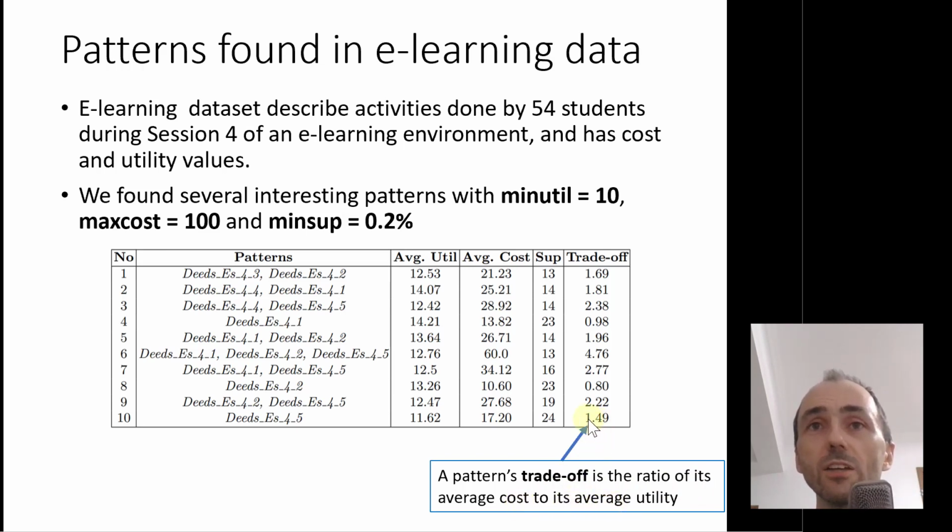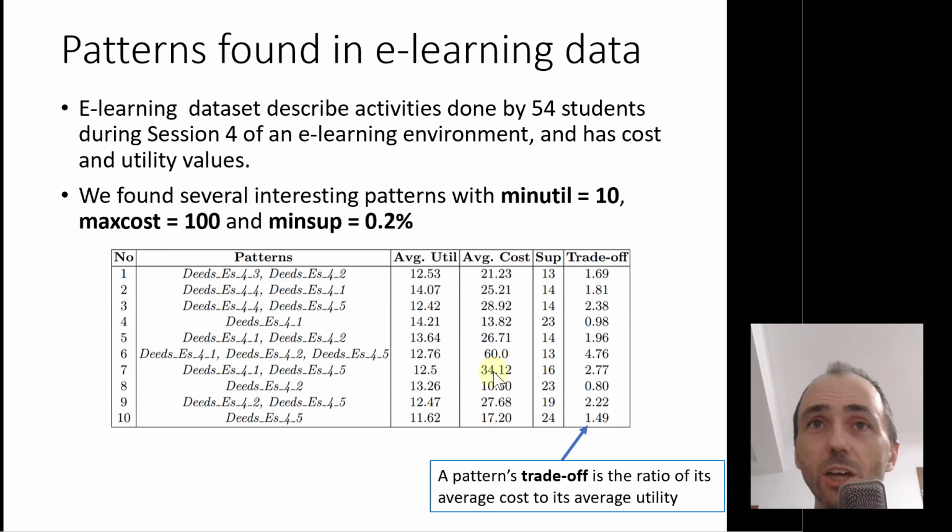So using the trade-off, you can compare the cost to the utility to see which pattern is more efficient actually. Okay, so the patterns that have a high or low trade-off can help us to select the best pattern, maybe for studying in the e-learning environment. So this is the main idea about this.